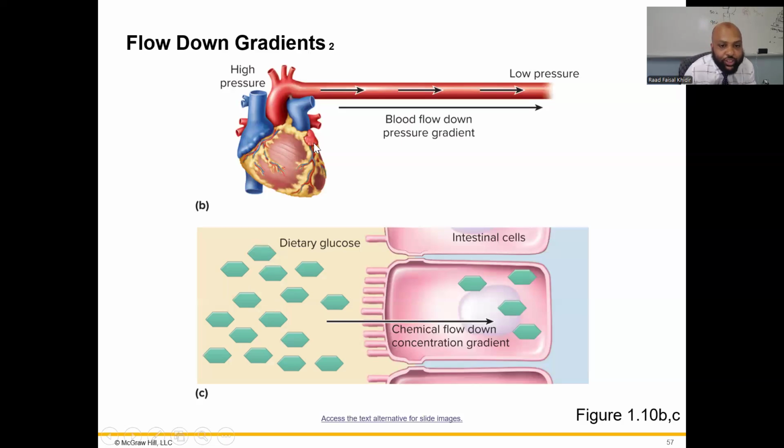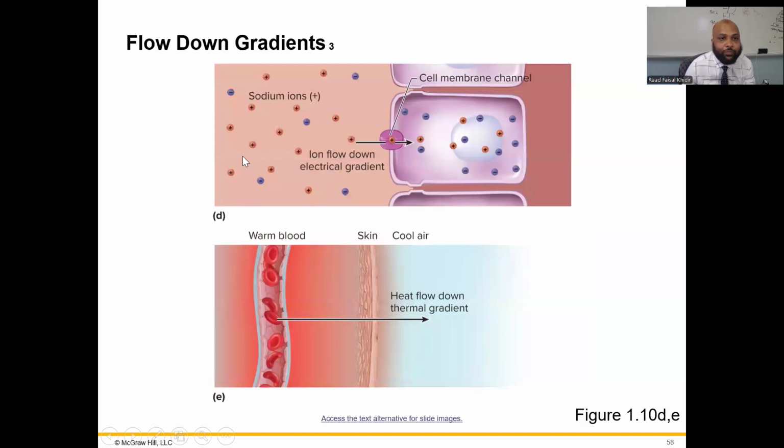And here, pressure, from an area of high pressure to an area of low pressure. And electrochemical gradient. So that's not only a chemical gradient where there's more of these guys outside here and less here. There's also electrical, so more positive out here and less positive. So now the movement is not only based on the number. There are like 100 positive molecules outside and 20 inside, so they're going to move in this direction.